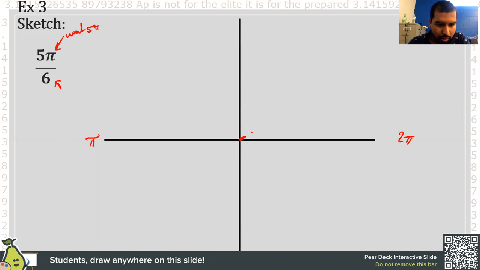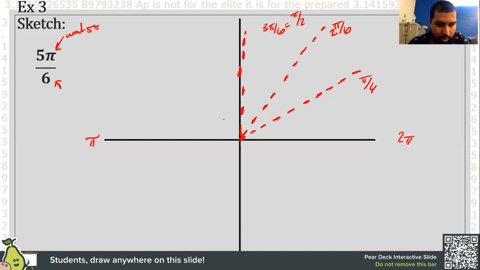So pi over 6 means there are going to be 3 sections in each quadrant. So this right here is pi over 6, and I have another one, pi over 6, so it should be 2 pi over 6. If I add another one, I get 3 pi over 6, which is the same thing as pi over 2.